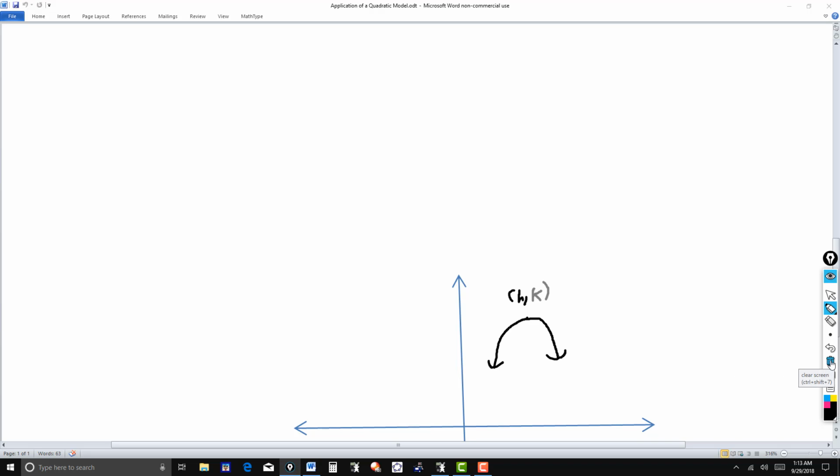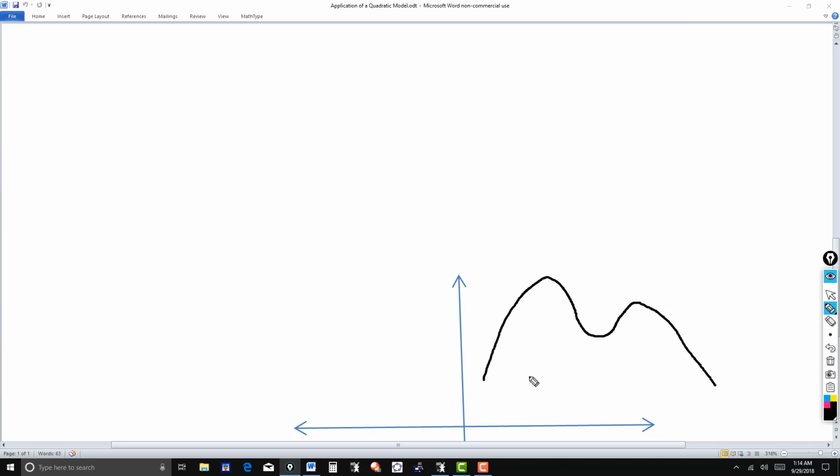Okay, so if the model represents a quadratic function, the graph will be a parabola. So it's very easy to maximize or minimize because all you're going to do is find the vertex. Okay, but sometimes you're going to have, say, a model that goes like that, maybe like this, and maybe like this, and then comes down.